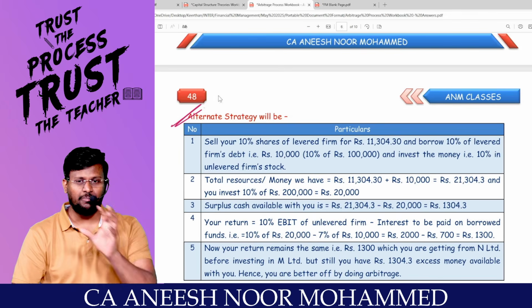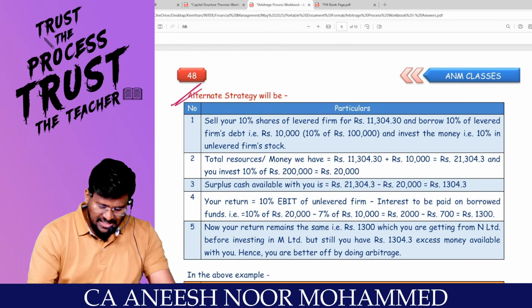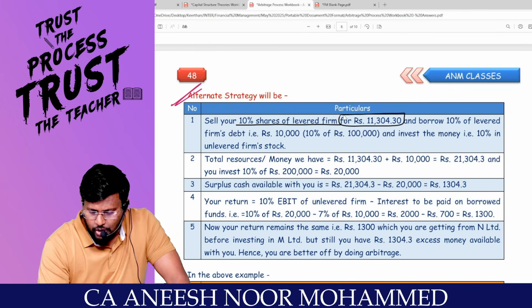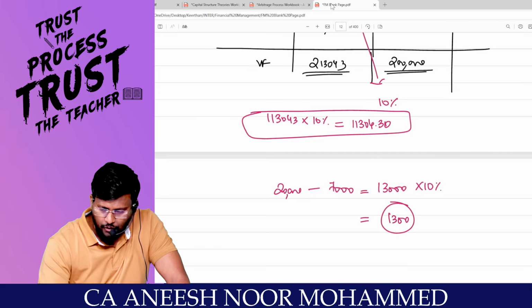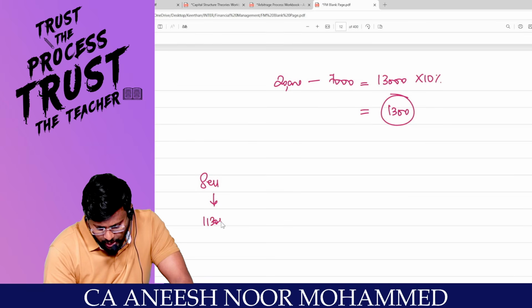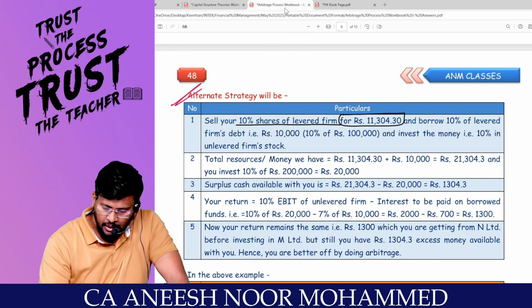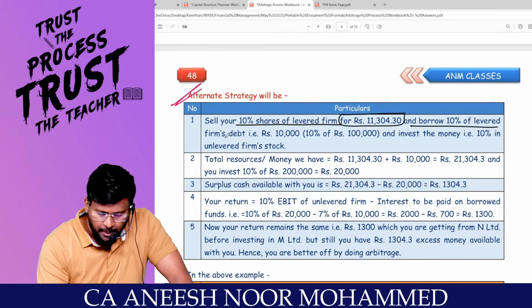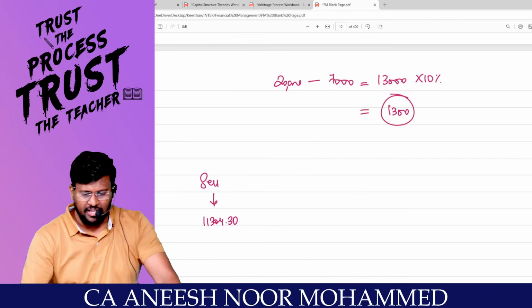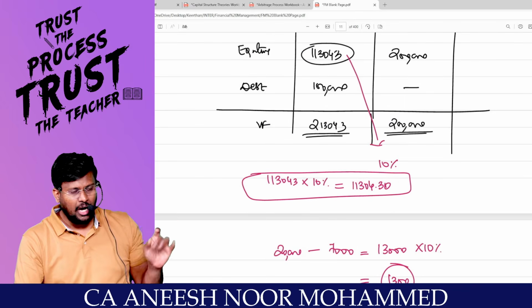Now what is the alternate strategy? You will jump from the levered firm to the unlevered firm. First step: sell your 10% shares of the levered firm at 11,304.30. So you will get 11,304.30. Getting it? Yes, sir. Second step: borrow 10% of the levered firm's debt. The levered firm has debt of how much? 1 lakh.